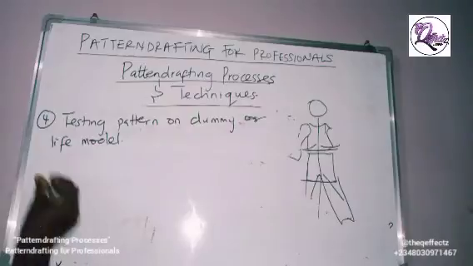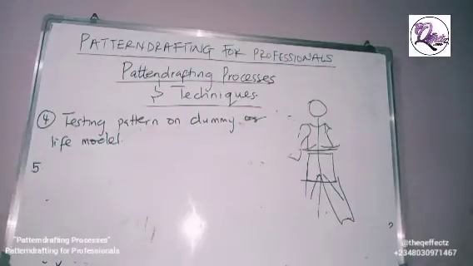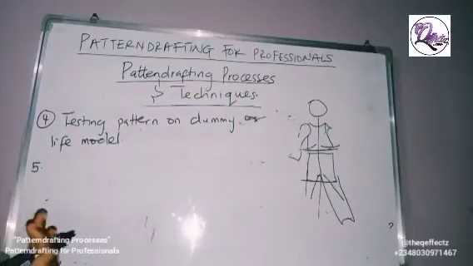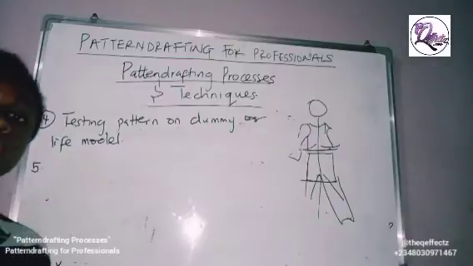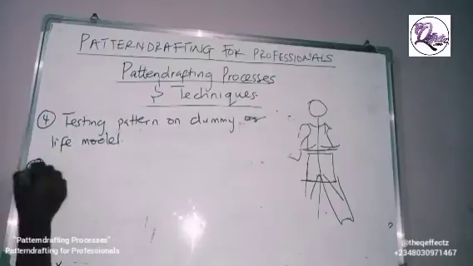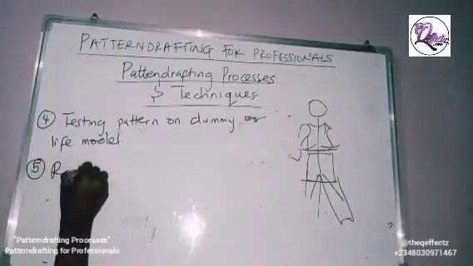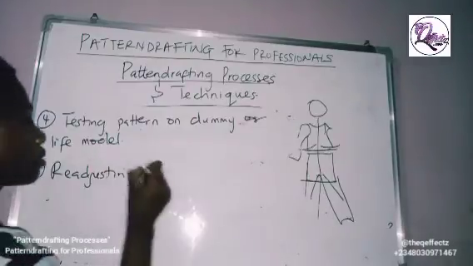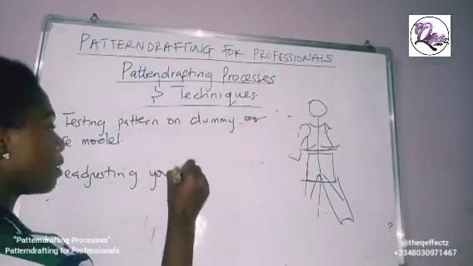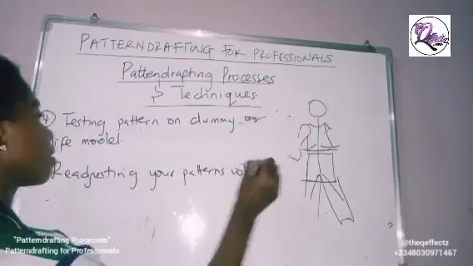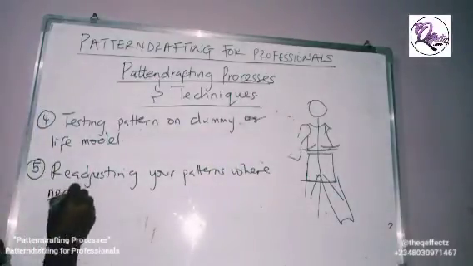Okay, then number 5. After testing your patterns, perhaps you find out that it doesn't fit very well, you'll have to note those areas that don't fit and readjust them. So the 5th step is readjusting your patterns where necessary.